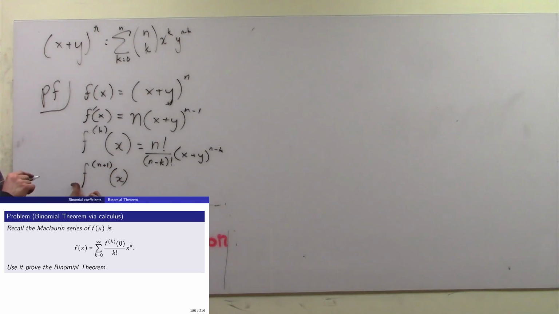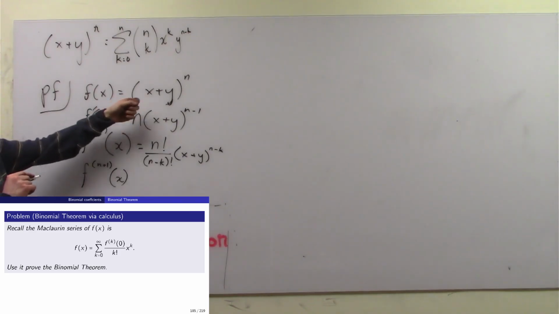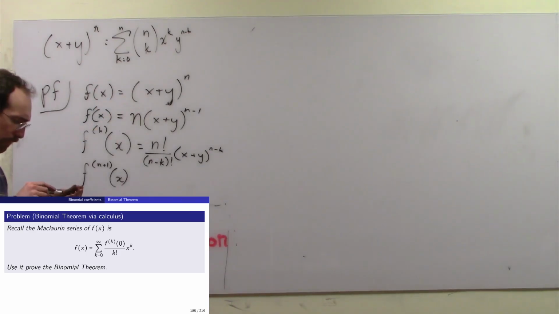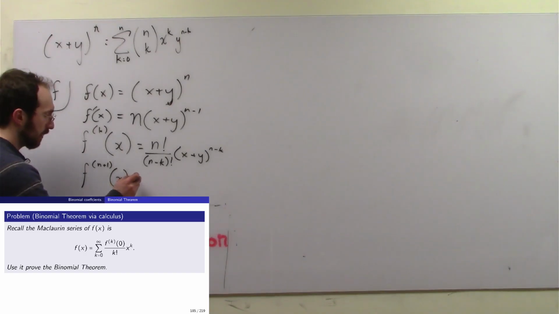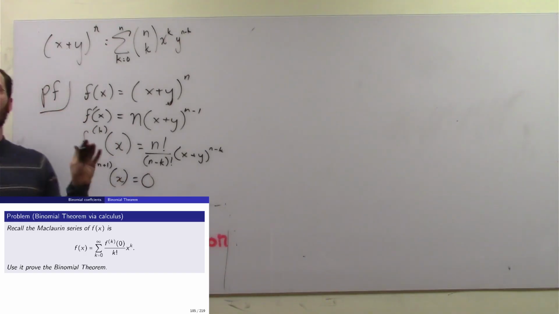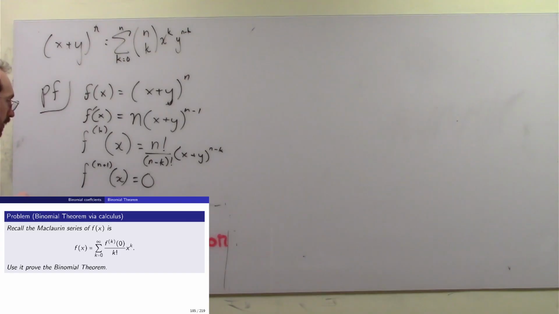If we keep on taking the derivative of this function, luckily, we end up at 0. We cannot take the derivative after n many steps.